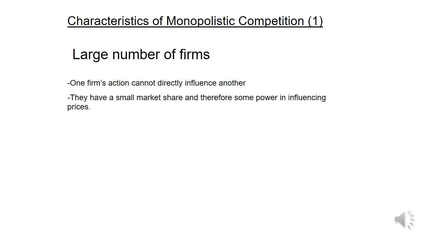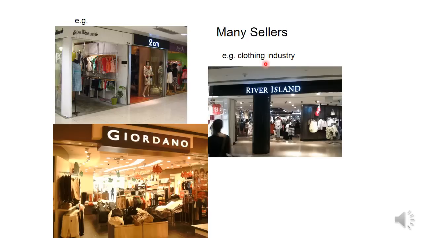There are many sellers, but take note, these sellers may not be small sellers. For example, Giordano is an MNC. It operates in many different countries, but it is still one of the many sellers in the clothing industry. So the sellers may not be small sellers, although there are a lot of them.